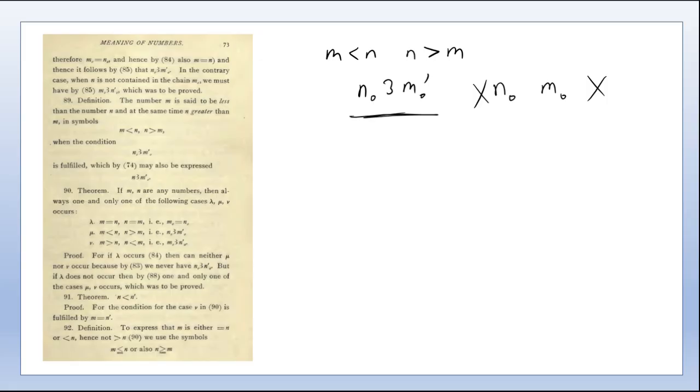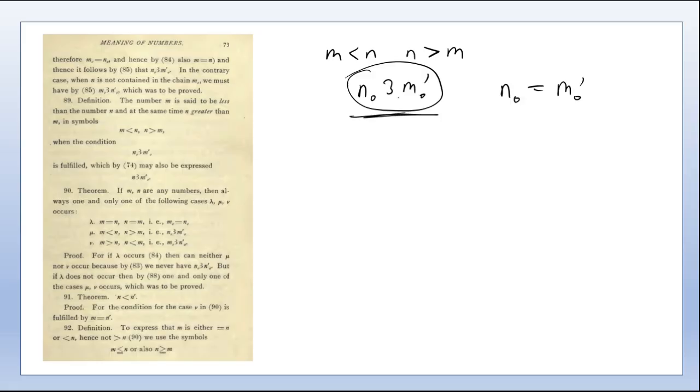So the significance of this is that if n0 is a part of m0 primed, it may be the case that n0 is equal to m0 primed. So this does not in and of itself mean proper parts, that n0 is a proper part of m0 primed.